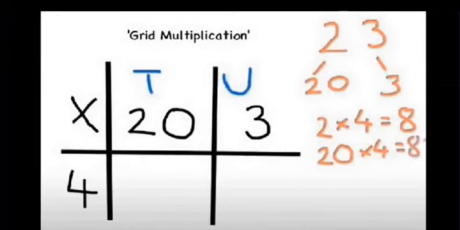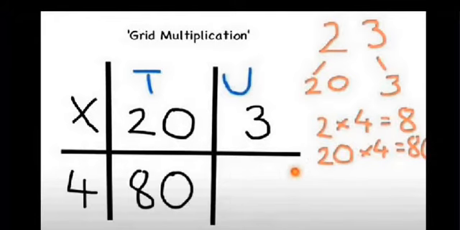Good, 20 times 4 equals 80. So this is the number that will go in this box. Into this box, we must put 3 times 4, and that we know equals, yes children, 12.